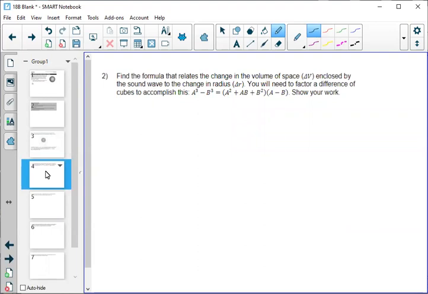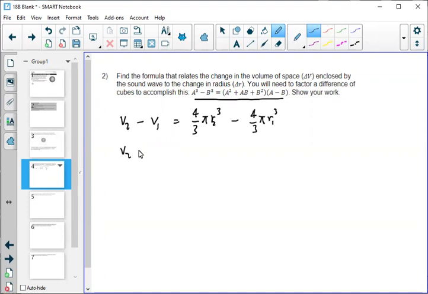2. Find the formula that relates the change in volume of a sphere enclosed by the sound wave to the change in radius. You'll need to factor a difference of cubes to accomplish this, and it's listed right here for us, in case you forgot. And then let's do this. I'm going to take V sub 2 minus V1 equal to 4/3 pi R2 cubed minus 4/3 pi R1 cubed.